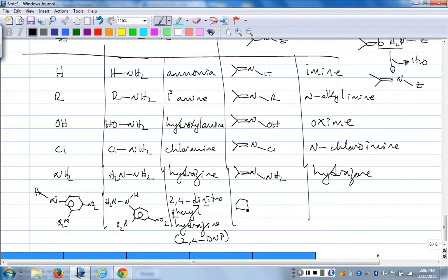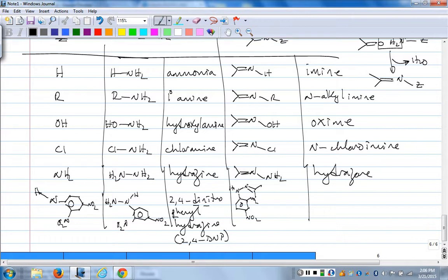I'm going to run short of room here. Let's see, the better way, I guess, is to do it this way. So NH, and then N, double bond C, whatever your group is. And then here, I'll have a nitro group, NO2.